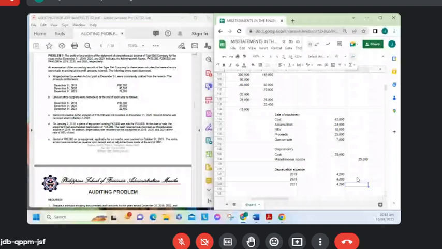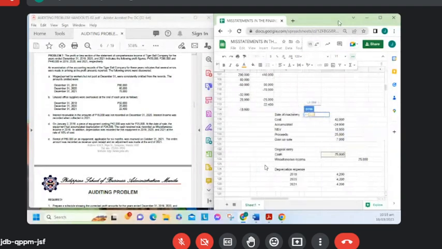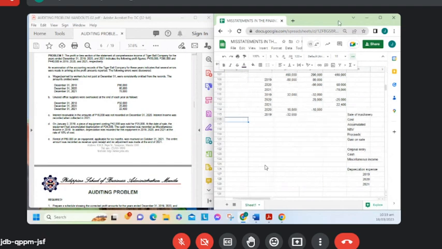So plot muna natin dito, no? Gain on sale. It was in 2019. So the amount that should be recorded is only 7,000. But what was recorded is 25,000. So resulting to overstated net income in 2019 amounting to 25,000 less 7,000.